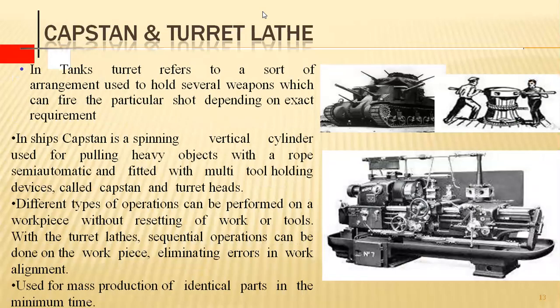Coming to the next one, capstan and turret lathe machine. Normally in tanks, a turret refers to a sort of arrangement that's used to hold several weapons, which has the capability of firing a particular shot depending upon the targeted areas.